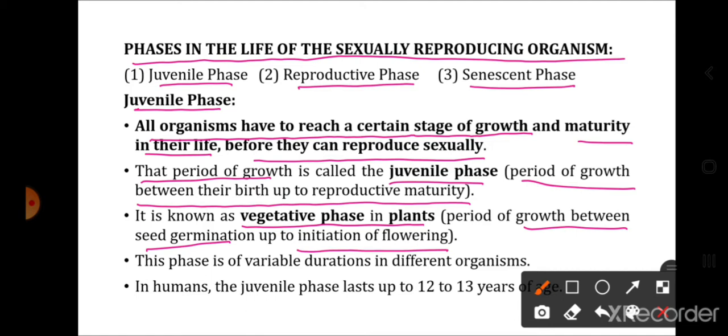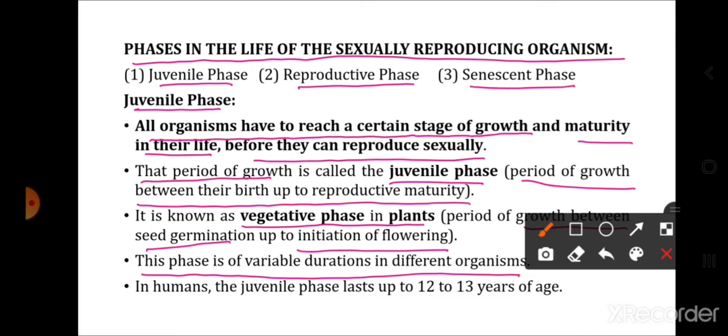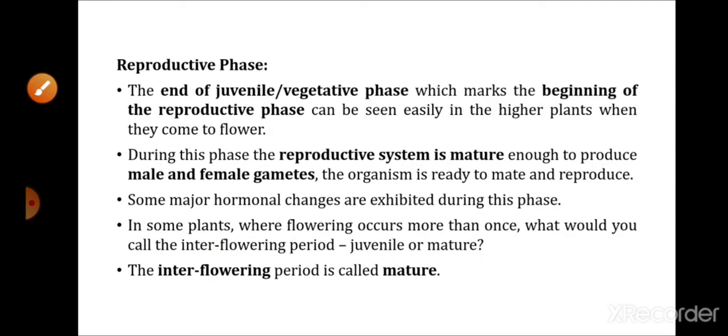From seed germination till the plants start producing flowers, that period is called the vegetative phase. This phase is of variable duration in different organisms. In human beings, the juvenile phase lasts up to 12 to 13 years of age.